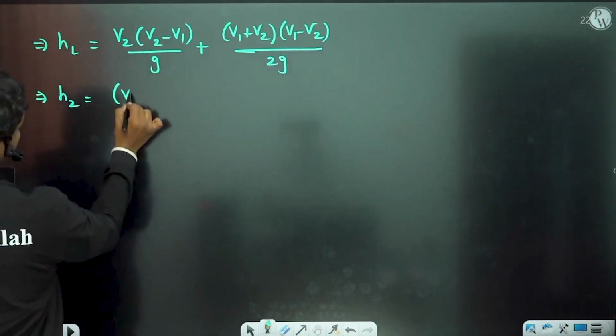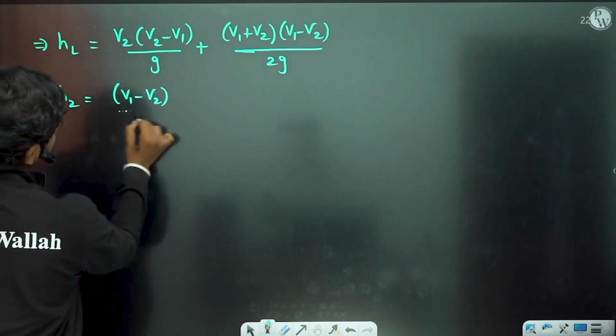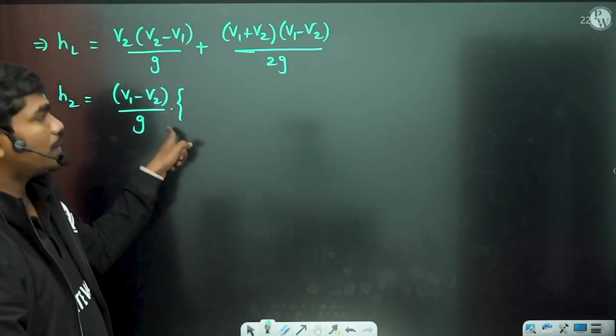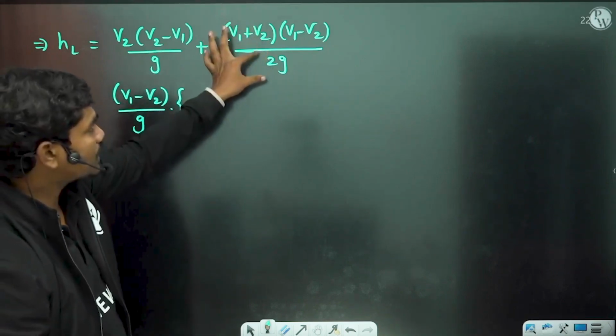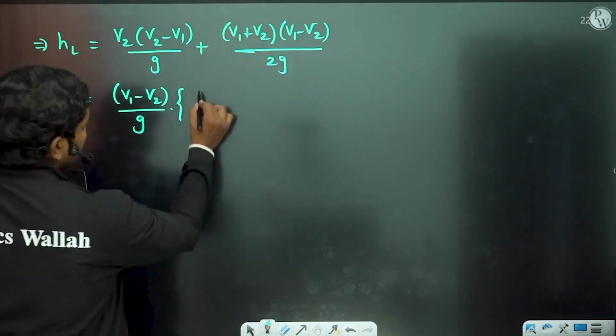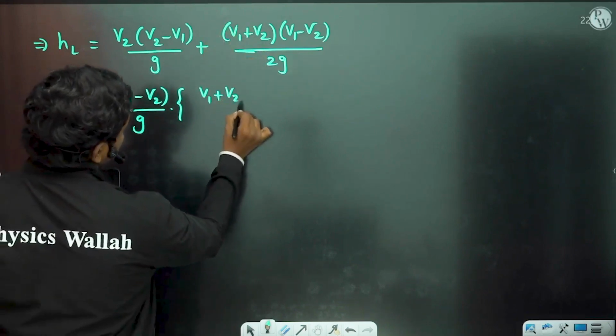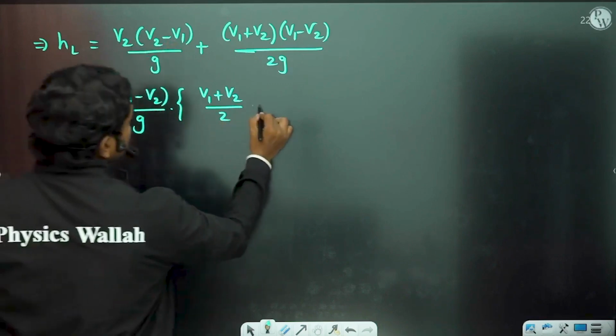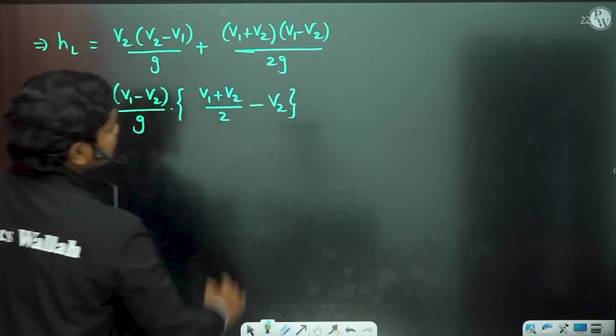If we take V1 minus V2 by g outside, we have V1 plus V2 by 2, and since we have taken minus of this sign, we have minus V2 here. So this is the expression, correct?